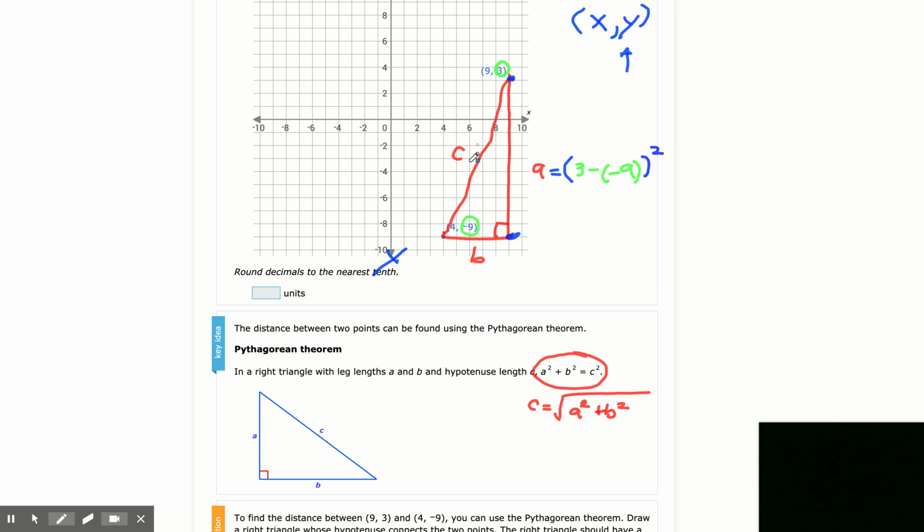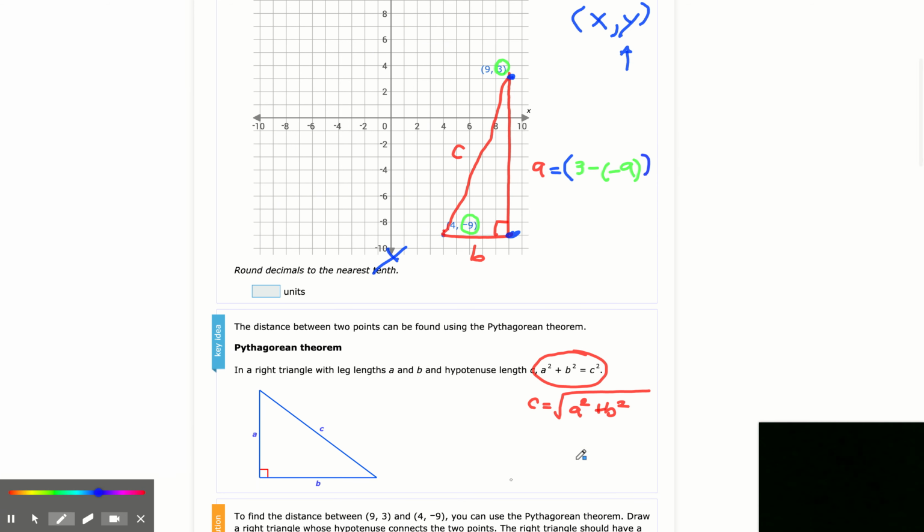Or you could do the -9 minus 3. It doesn't matter because we're squaring it. Oh, oops, we're not squaring it yet, but it doesn't matter which way you go, because it's always going to be positive when we square it down here.